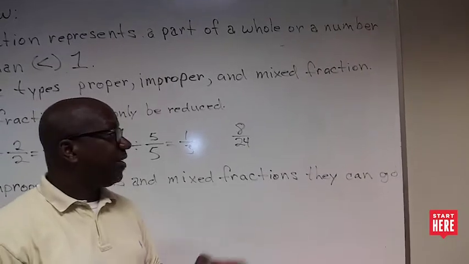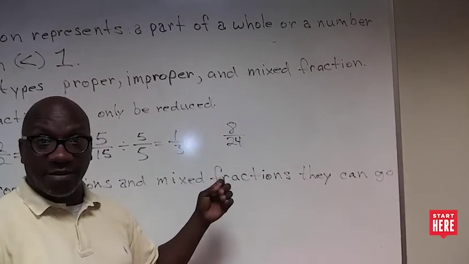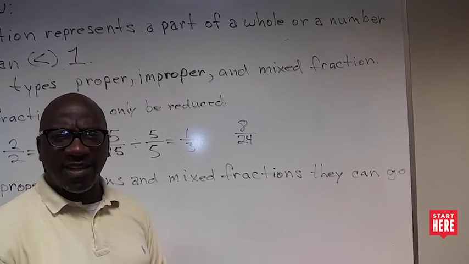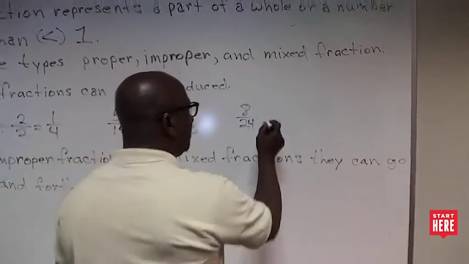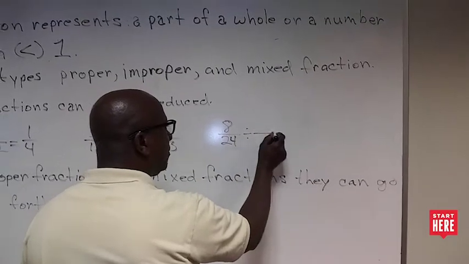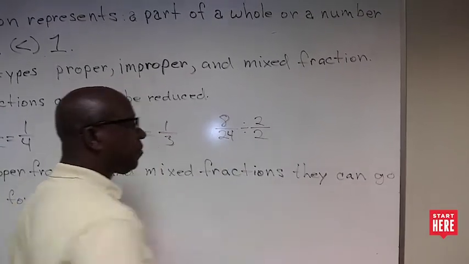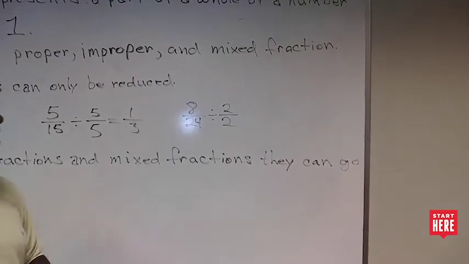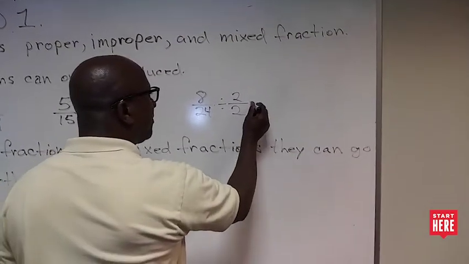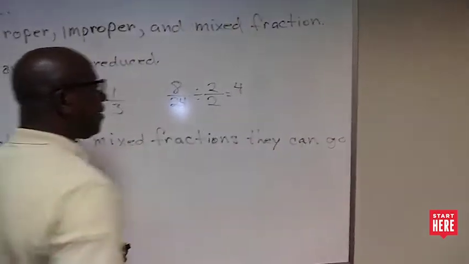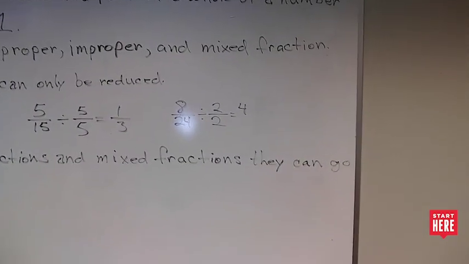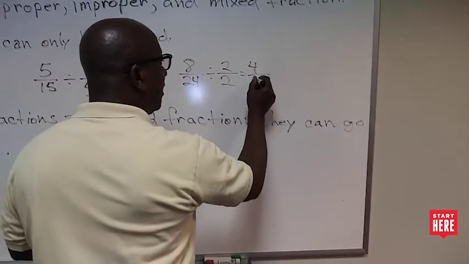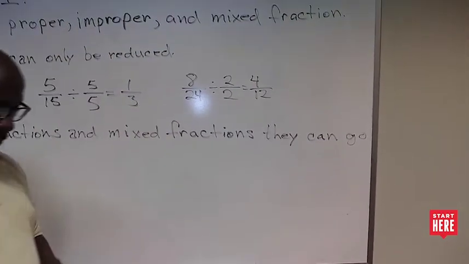I do know, since both of these are even numbers, they're both reducible by 2. So we're going to start with 2. I can divide 8 by 2. I'm going to get 4. I can divide 24 by 2. I'm going to get 12.